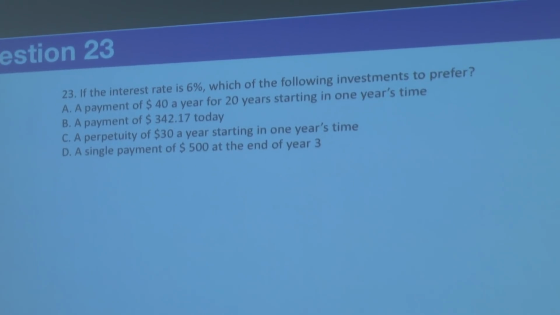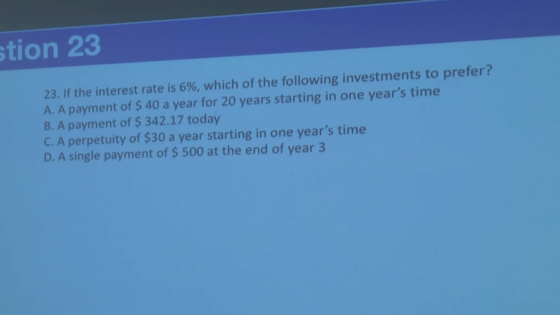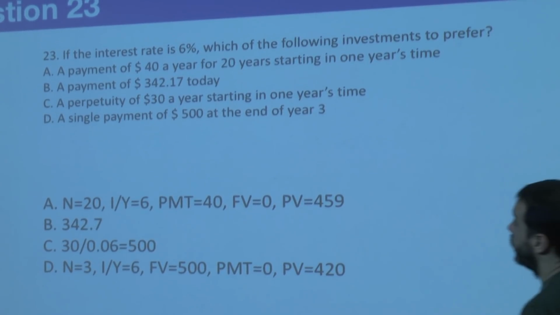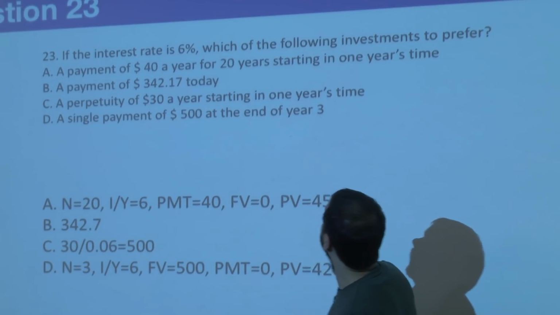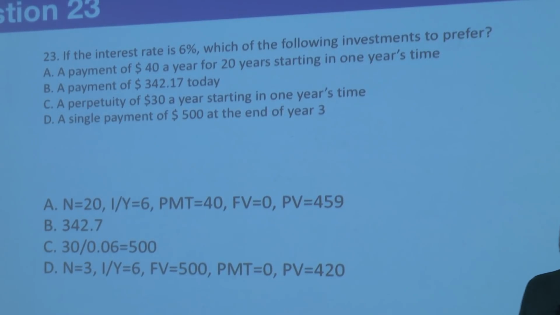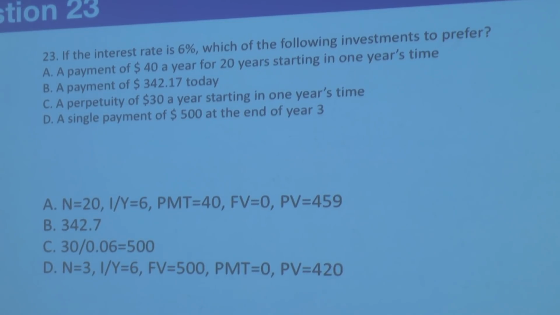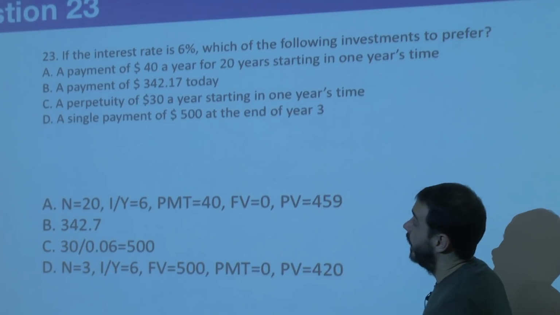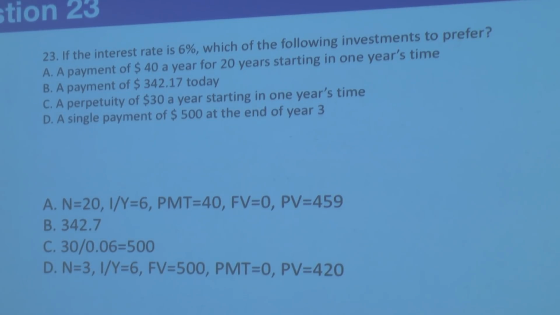If the interest rate is 6%, which of the following investments do you prefer? All right, these you just need to compute. First one is a payment of 40 a year for 20 years, starting in 1 year's time. That's really an ordinary annuity. B is a payment of a certain amount today.